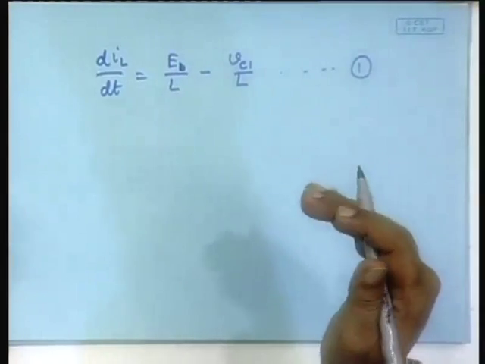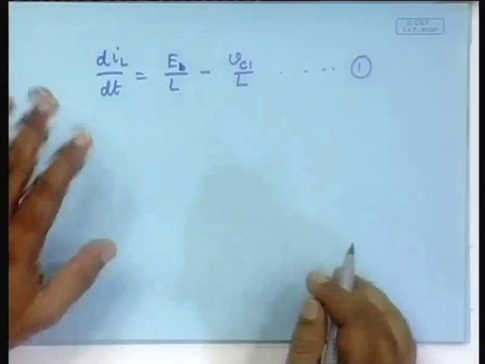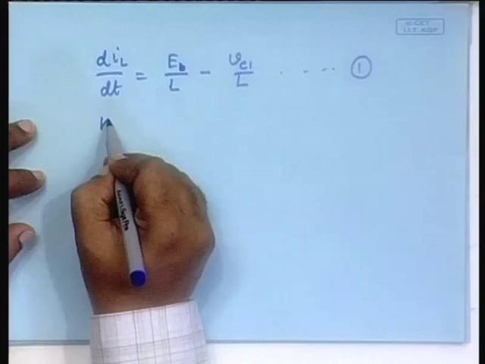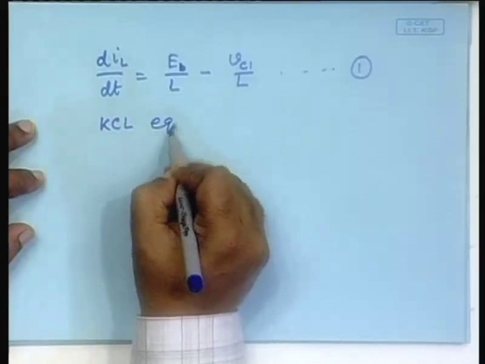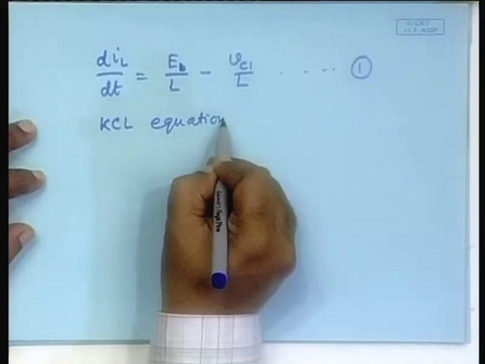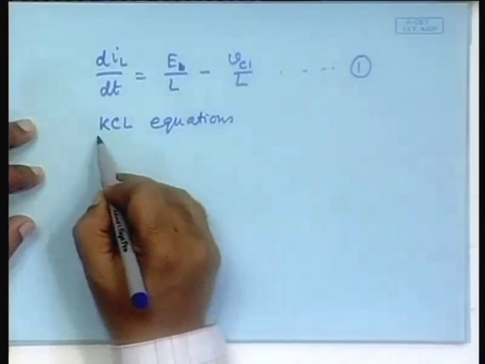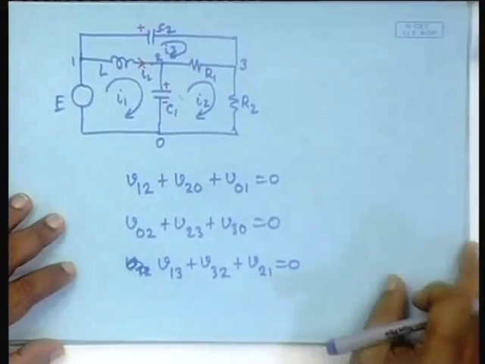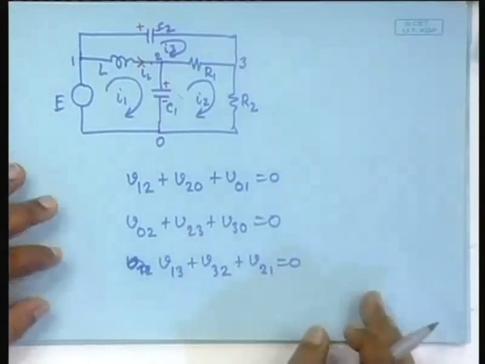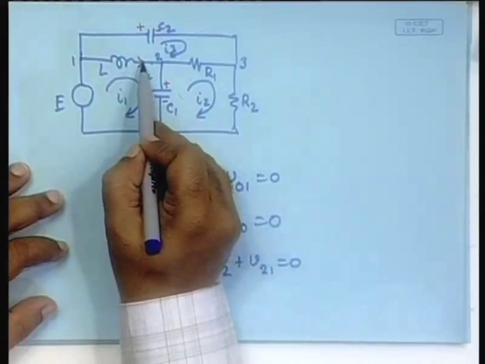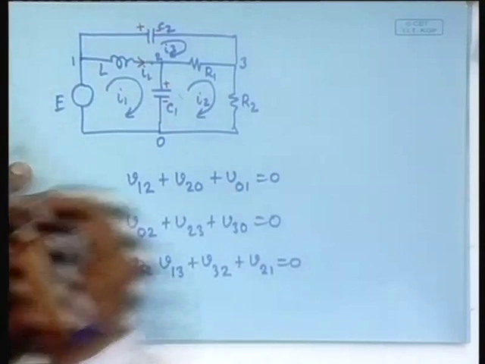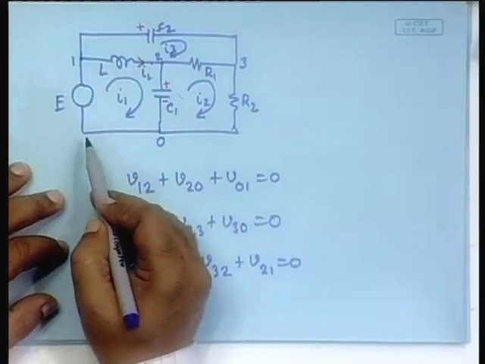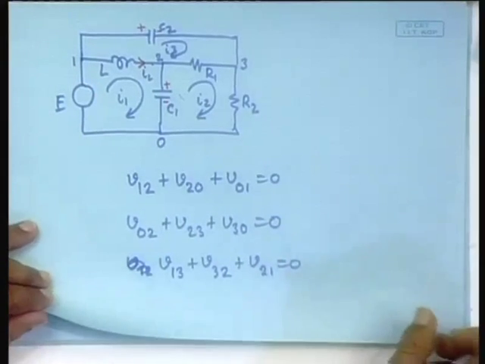Now, in order to proceed, we need to write the KVL equations, sorry, KCL equations. So, KCL equations are, IL here, this current here, this current here, fine, let us write it.